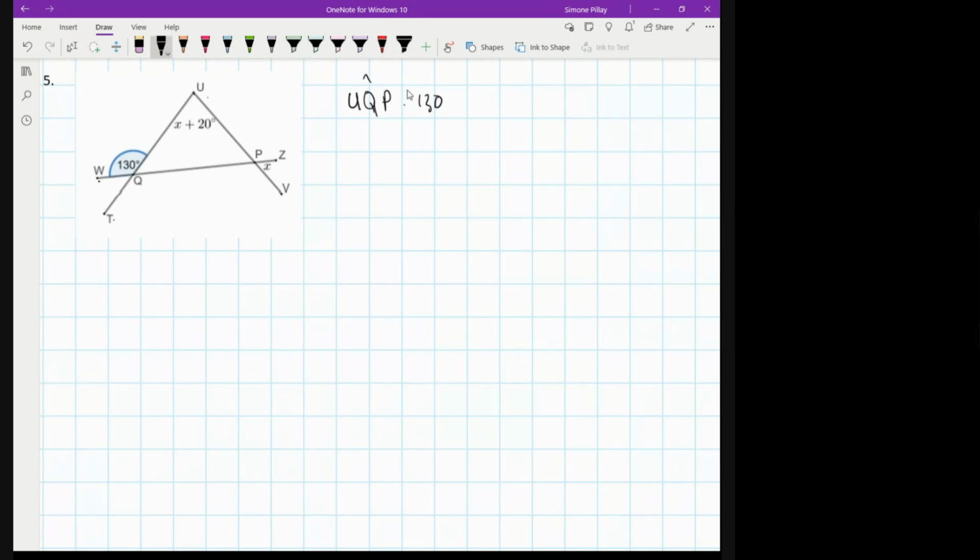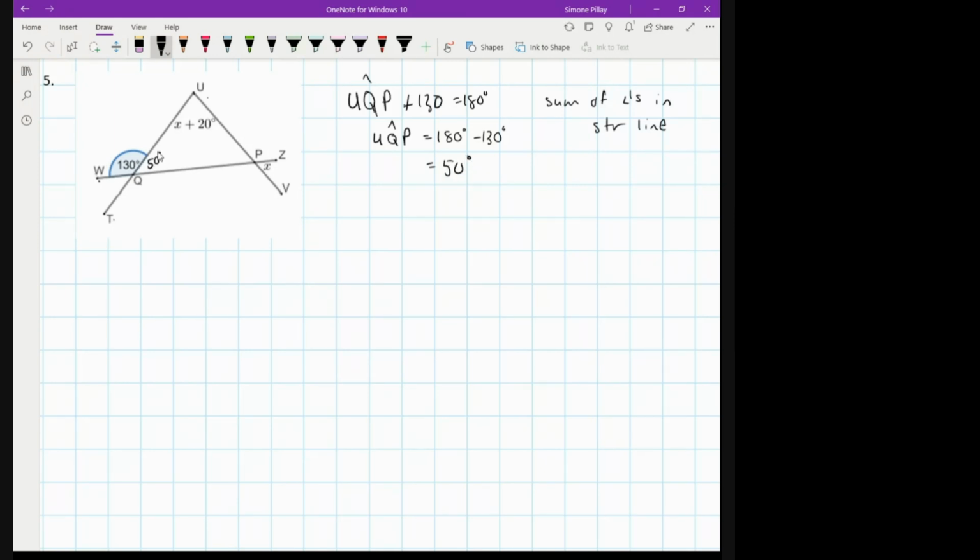My reason is sum of angles on a straight line. UQP is equal to 180 minus 130. UQP is equal to 50. Did that really help me though?